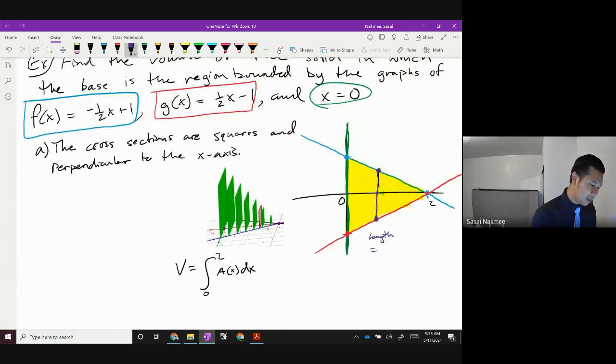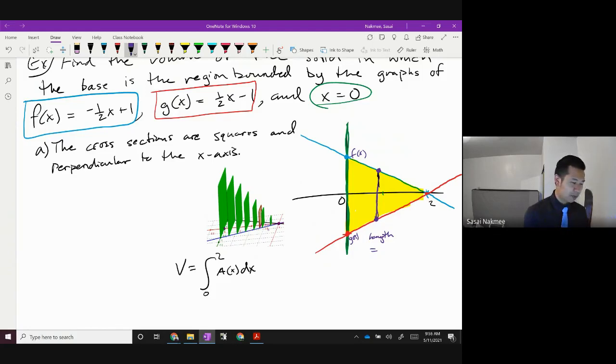This top function is f of x. This bottom function right here is g of x. How do I get the length from f of x to g of x? Anyone have any ideas? Because that's the length that's going to help me figure out the length of the side of your square. And it is going through the x-axis to get from there to there, right?